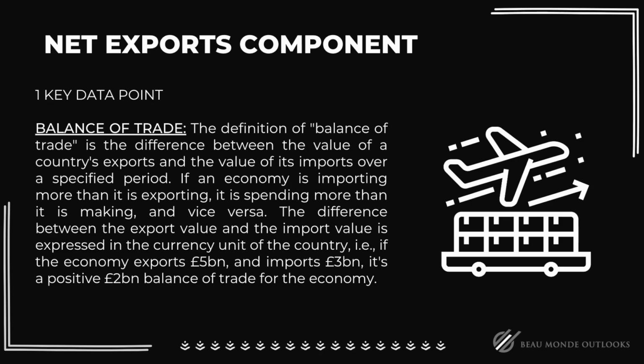The difference between the export value and the import value is expressed in the currency unit of the country. For example, if the economy exports 5 billion Great British pounds worth of goods and services, while simultaneously importing 3 billion pounds worth of goods and services, it has a positive of 2 billion within the balance of trade, and we know this to be a positive balance of trade for the economy.